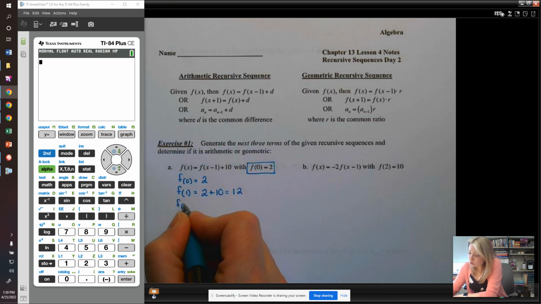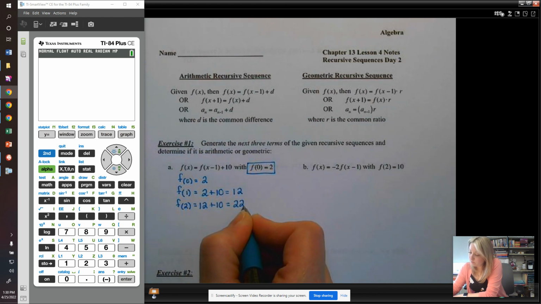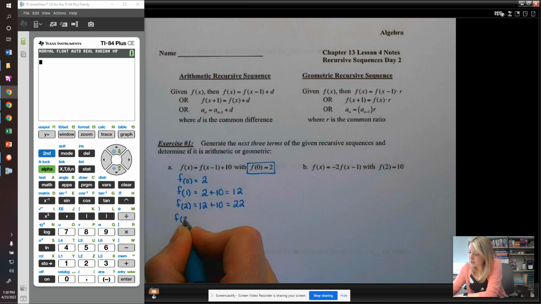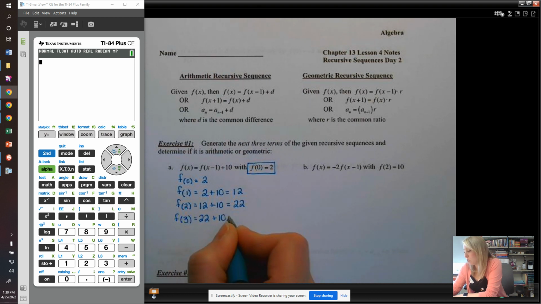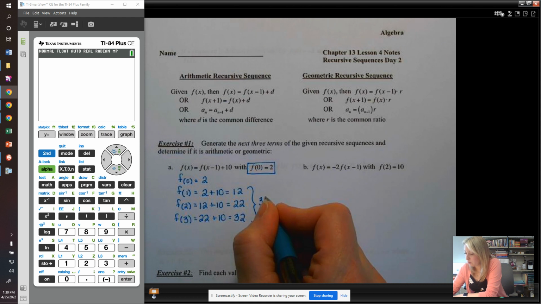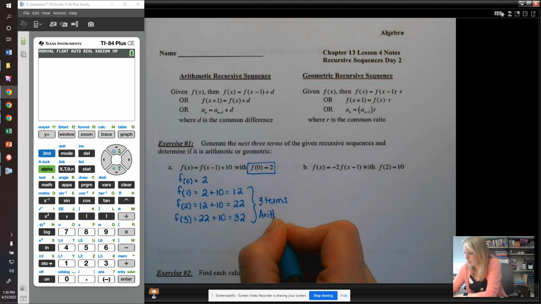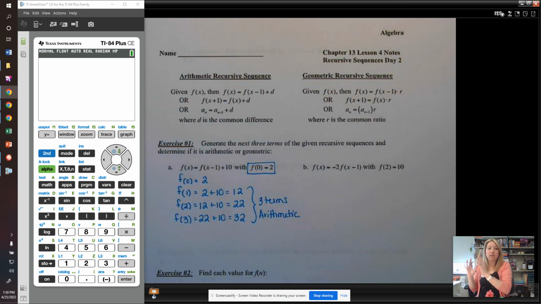That would mean f of 2 takes my previous term plus 10, getting me 22. F of 3 would give me 22 plus 10, or 32. There's my next 3 terms. And this, of course, is arithmetic in nature because I've been adding 10 each step along the way.